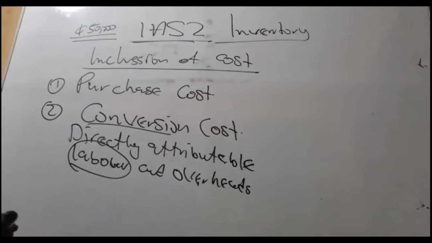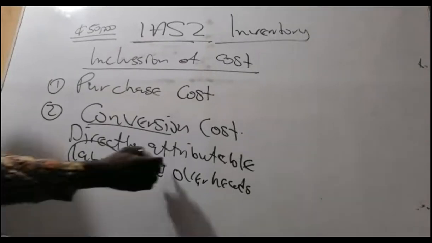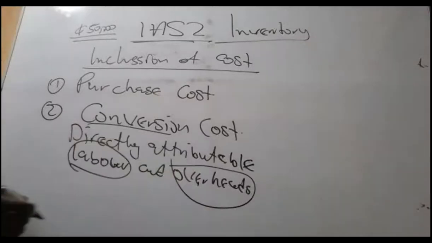And then what about the overheads? You have to go and buy margarine tins, get a warehouse, rent, all of this. You have to also get electricity. Probably sometimes you can do some of the work at night. You have to also get security, supervisors. Now, all these are the overhead costs, but they must be directly attributable to the rice.